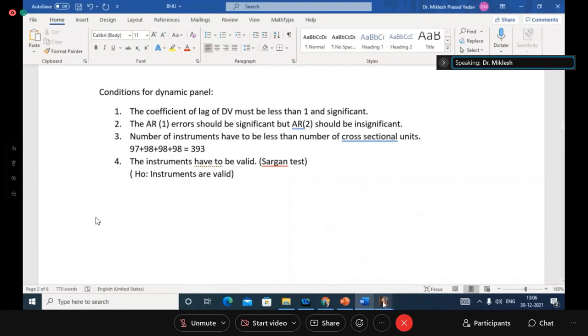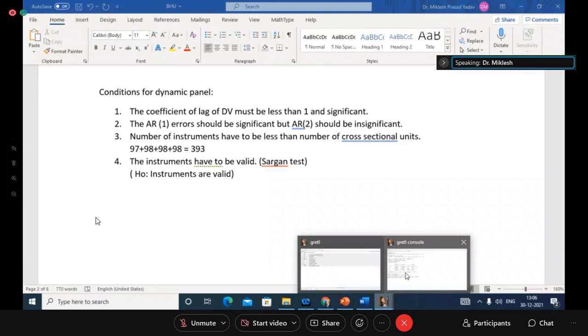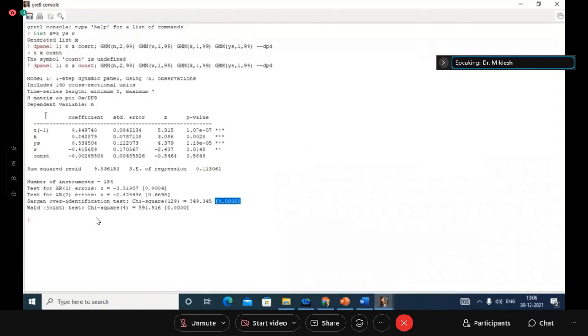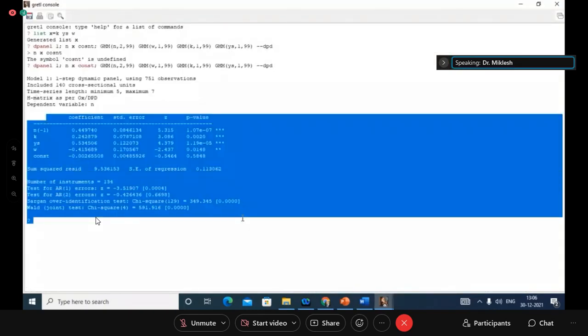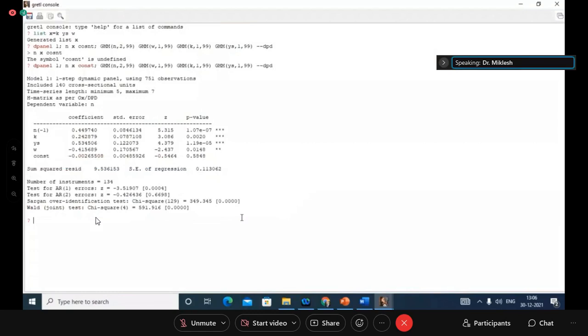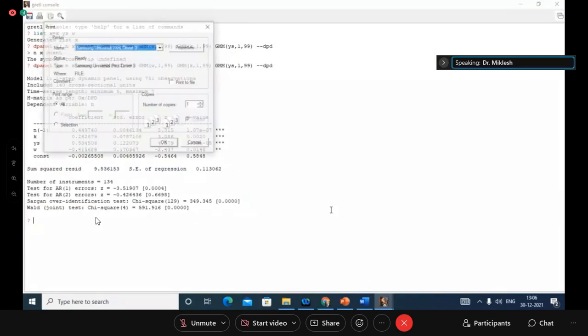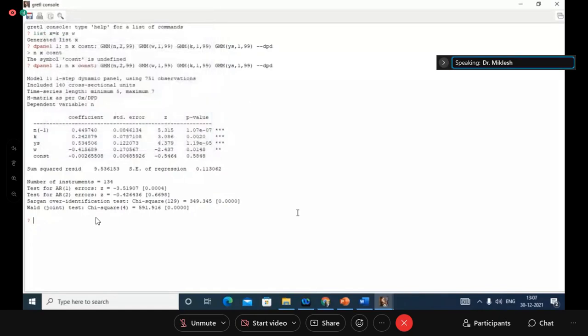It means my result is not good. I cannot report this. All conditions have to be met. So what should be done? It means in this way we have to do trial and error.